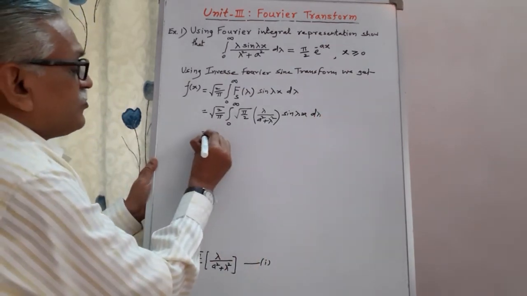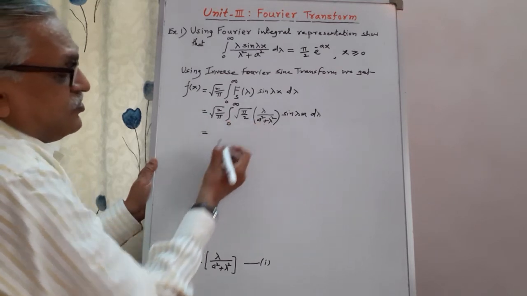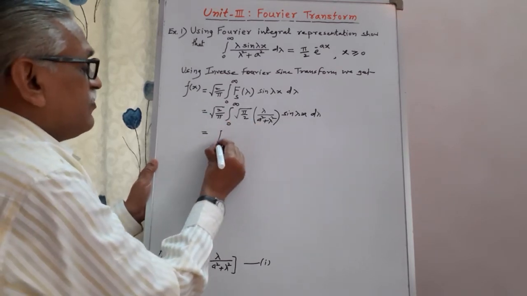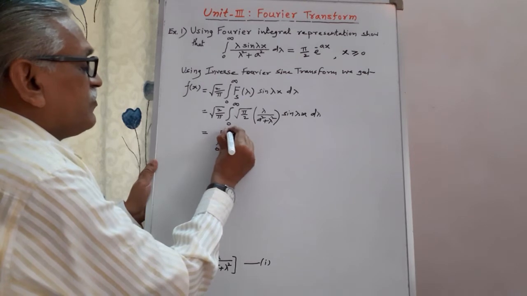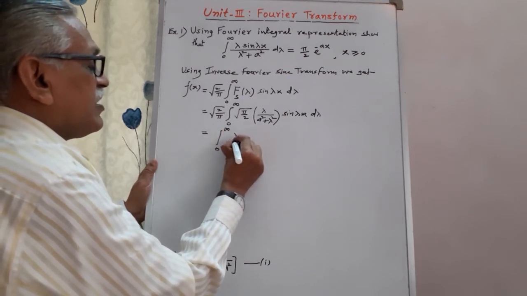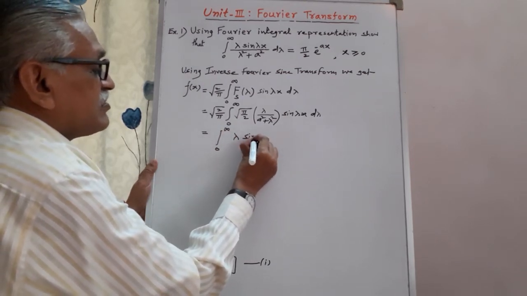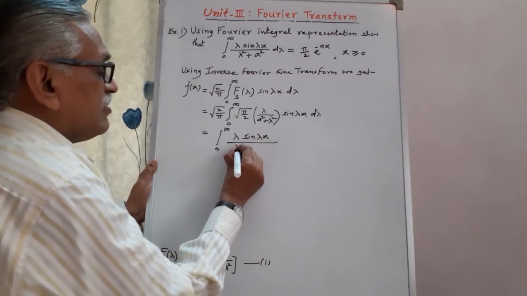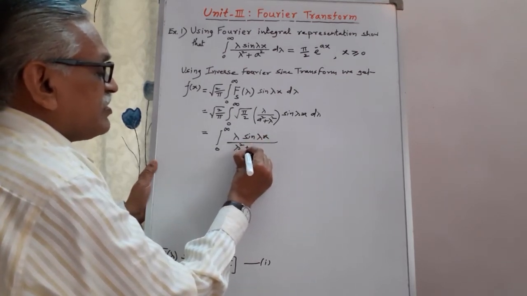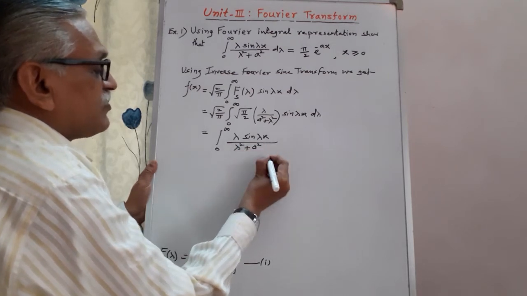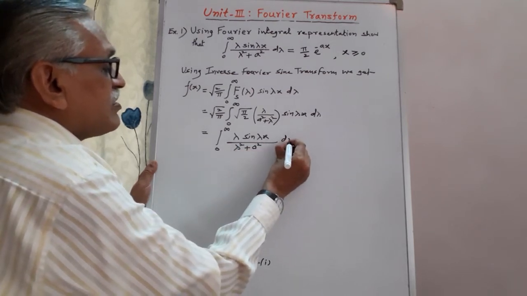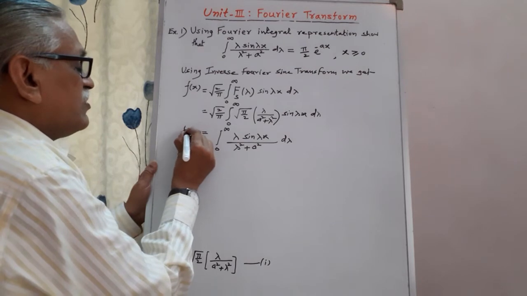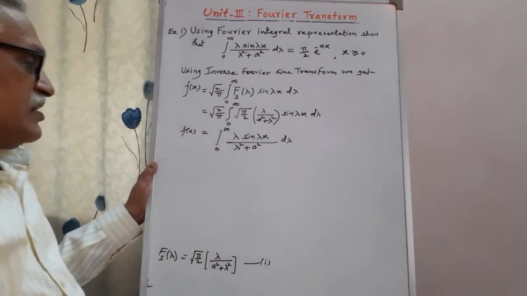And therefore it is equal to root 2 by pi, cancel with root pi by 2. Therefore we have integration from 0 to infinity lambda sine lambda x divided by lambda square plus a square d lambda, and that is equal to f of x.